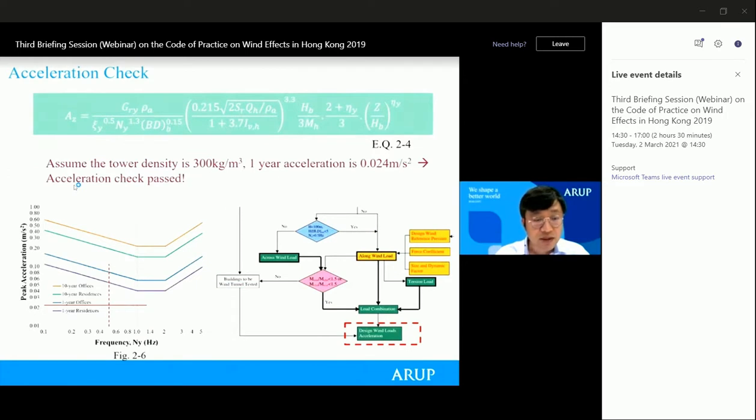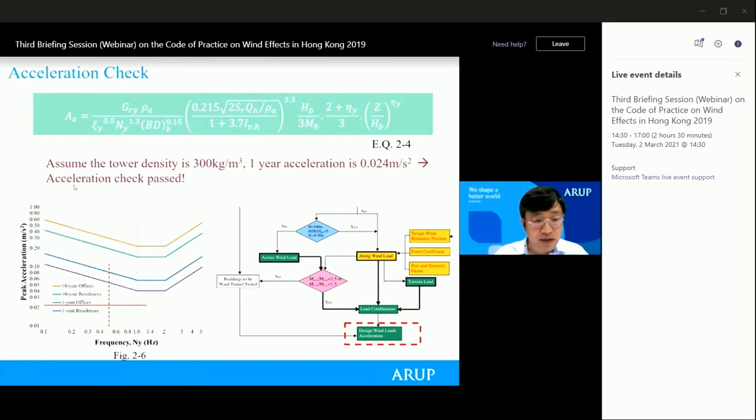The last step is the checking of the acceleration. For checking the acceleration, we assume the tower mass density is about 300 kilograms per meter square. And calculated with all those parameters brought into equation 2.4, the 1-year acceleration is about 0.024 meters per second square.